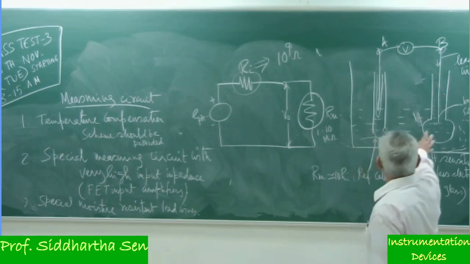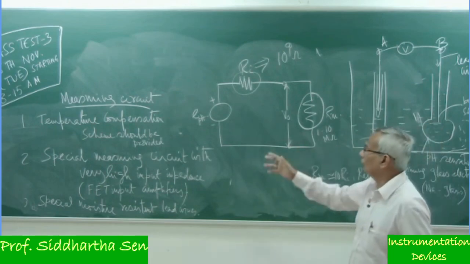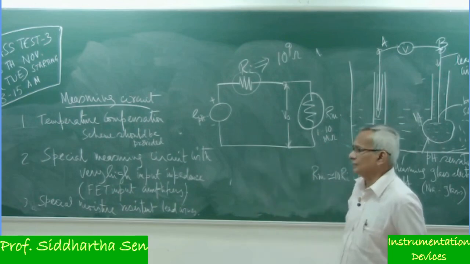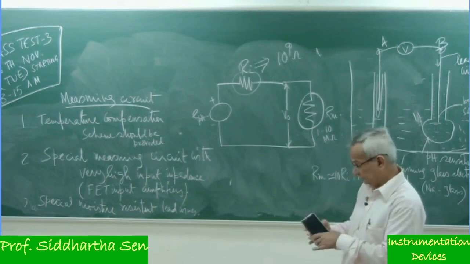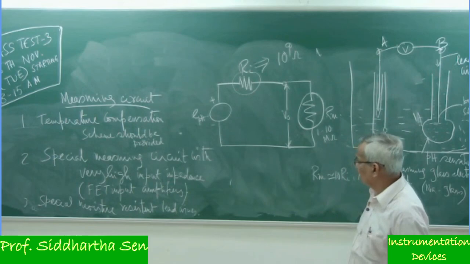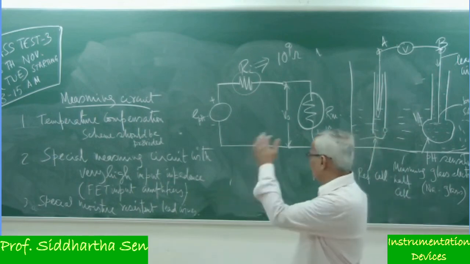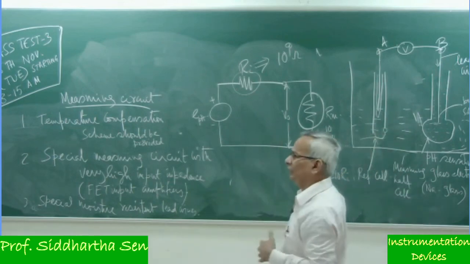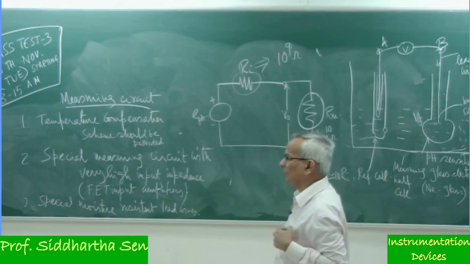Otherwise, even though the electrode is good, because of the incompetence of your measurement scheme, we can have a big problem there. I think I will stop here. Of course, I could go through some more things, but I will not be able to complete that part.